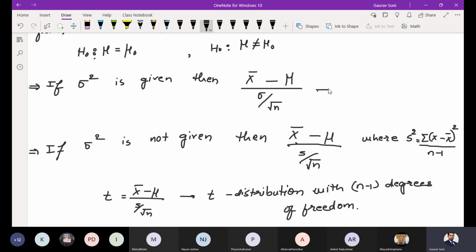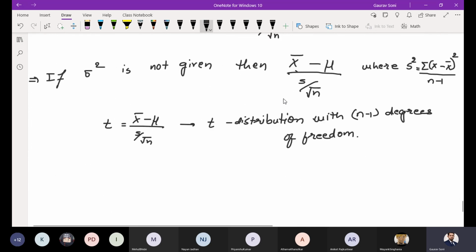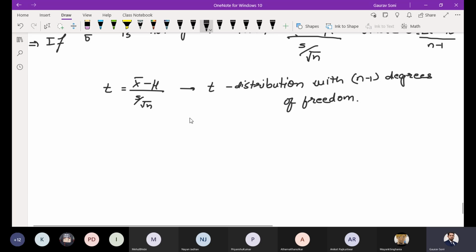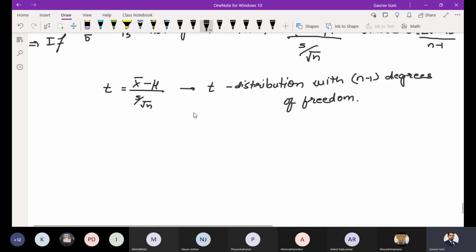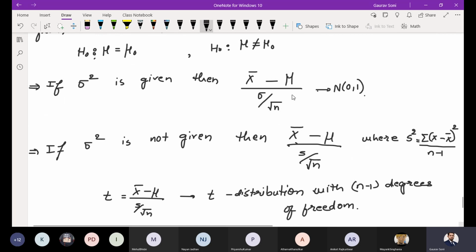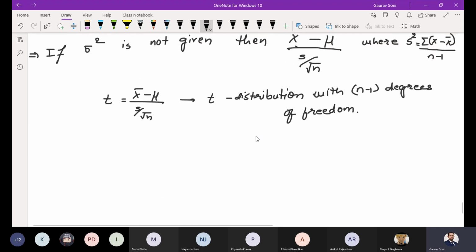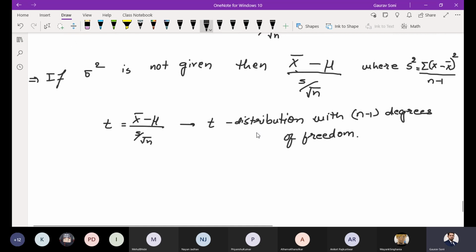Thus in the other case this follows normal distribution with 0, 1. So fine, then we will stop here. In the next lecture we will solve some examples on this distribution and on this hypothesis testing.